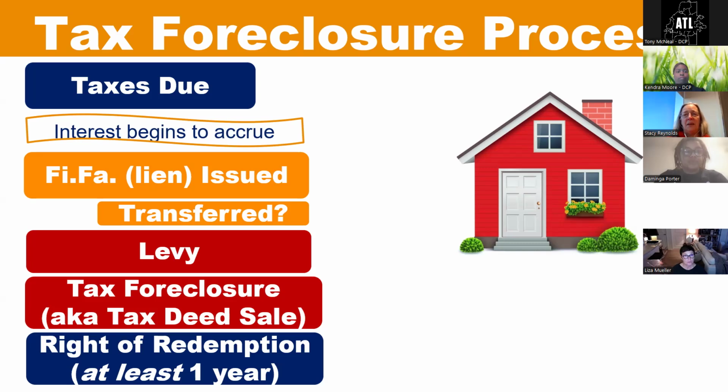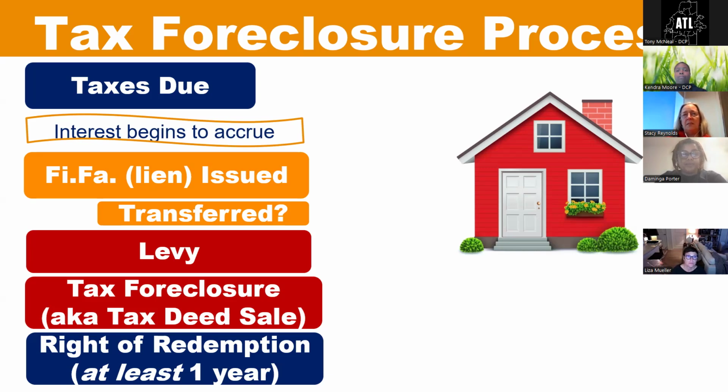And the redemption amount is a lot more expensive. Instead of just owing the taxes and some interest and maybe some recording costs for the liens, suddenly what you're paying is whatever was paid on the courthouse steps plus 20% of that, and then it goes up another 10% every year on the anniversary.